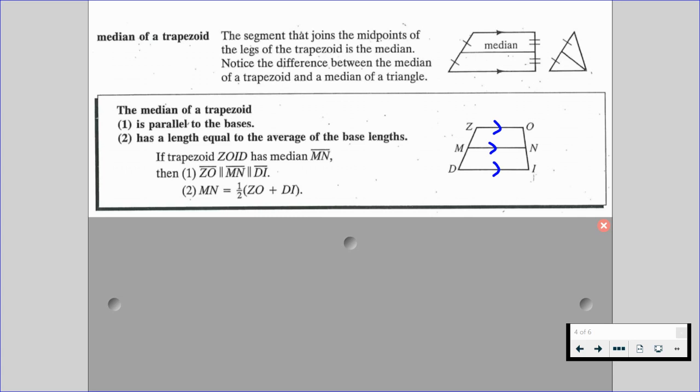So if trapezoid ZOID has a median MN, again, we're going to know that segments ZO, MN, and DI, all three of those, are parallel, and we're going to know that segment MN, that median, is half of the sum of the bases. It's the average.